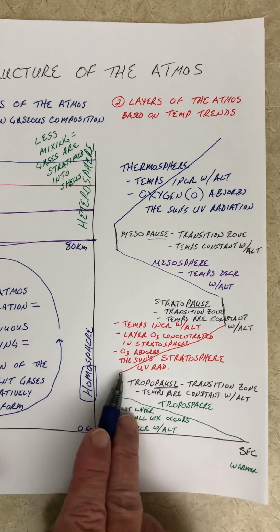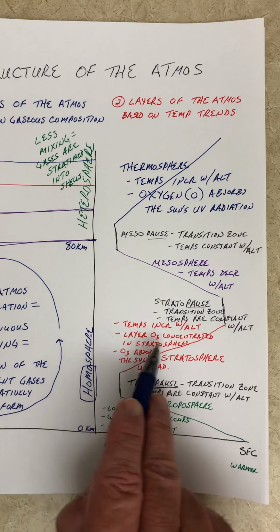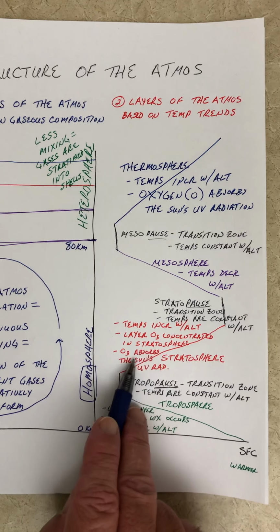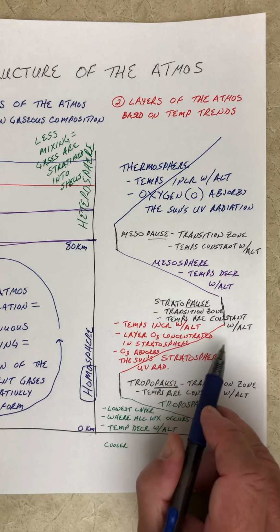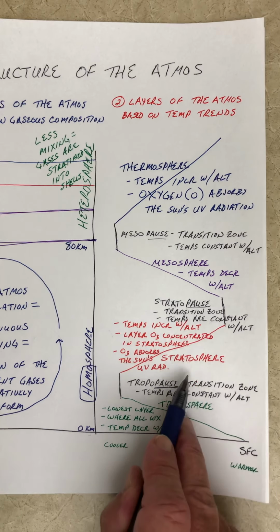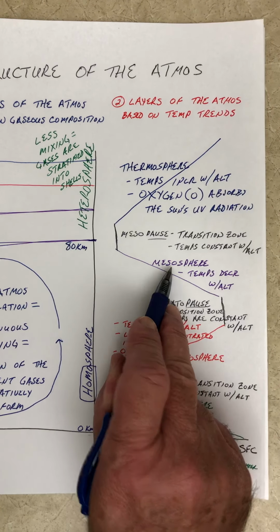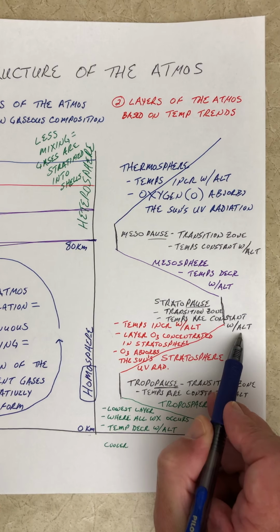In the stratosphere, temperatures once again increase with height because ozone that is concentrated in the stratosphere absorbs the sun's ultraviolet radiation. At the top of the stratosphere, we hit the stratopause, a transition zone between the stratosphere and the mesosphere. It's a pause, stratopause, so the temperatures are constant with height.